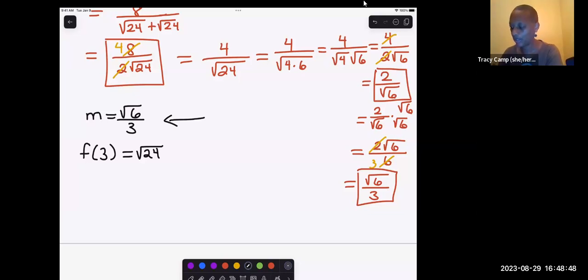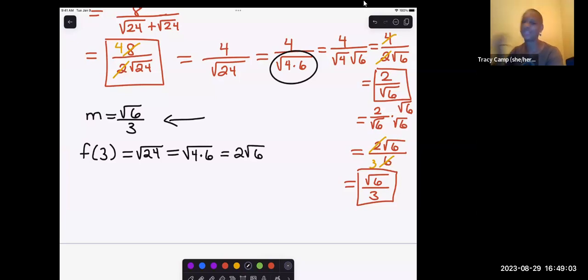We can rewrite this as root 4 times 6, and then take the square root of 4 and end up with 2 root 6. Which means I have the ordered pair 3 comma 2 root 6. This is my x and my y ordered pair.